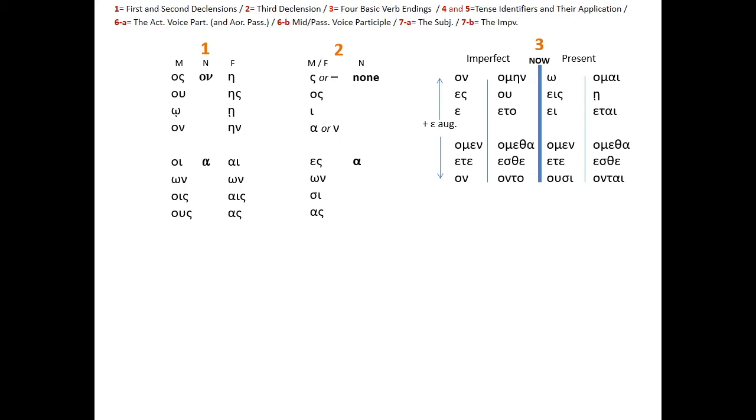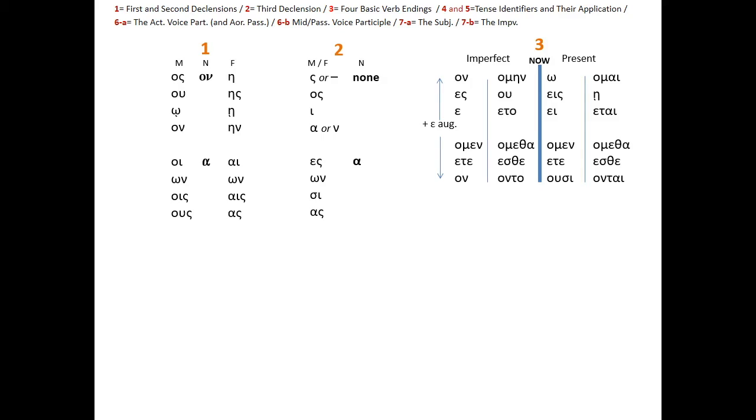In the indicative mode, the past tenses have an augment in front of the verb stem, an epsilon, which I call the E for earlier, earlier than now, the label at the top of the bold blue line. The emphasis on indicative is because once we leave the indicative mode, only the perfect tense retains the augment.